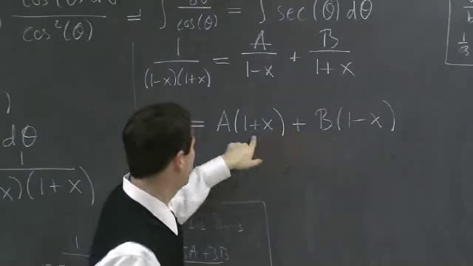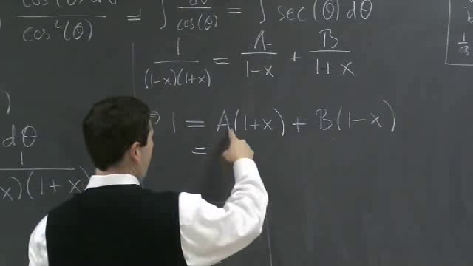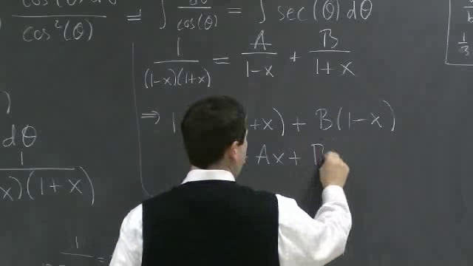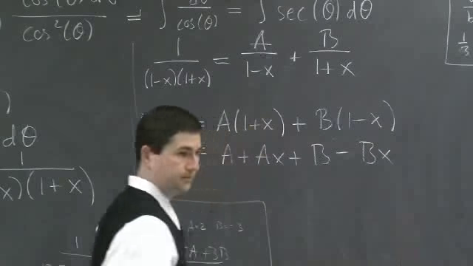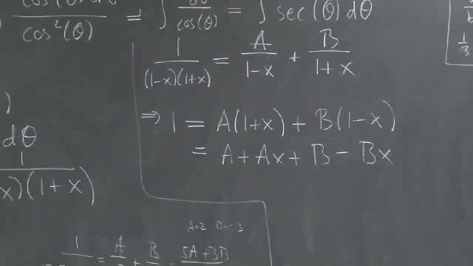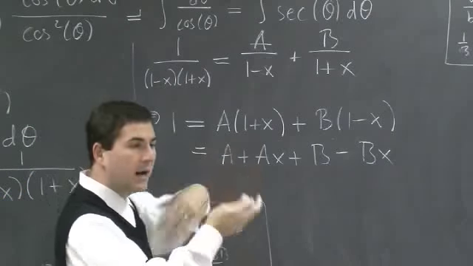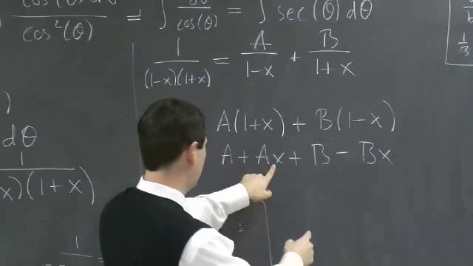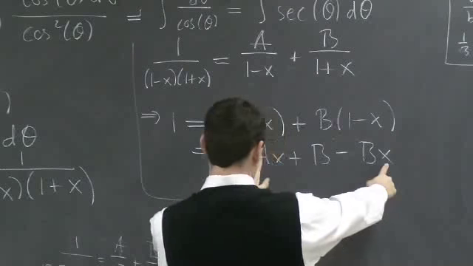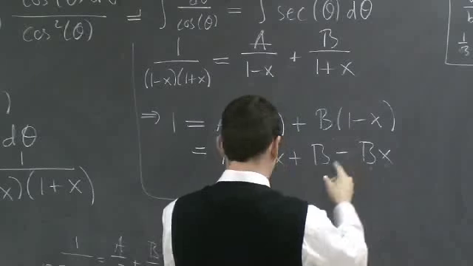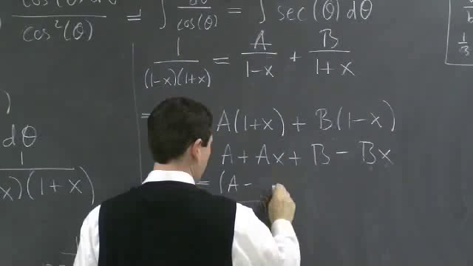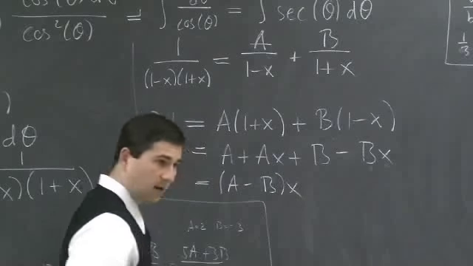So first I expand this. I get A plus Ax plus B minus Bx. And now I'm going to combine all the x's and all the non-x's together. Right? So for instance, here I have an x and an x. So I get Ax and minus Bx, so this becomes A minus B times x.